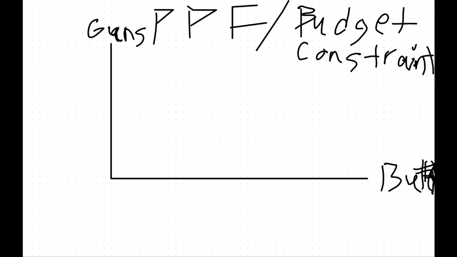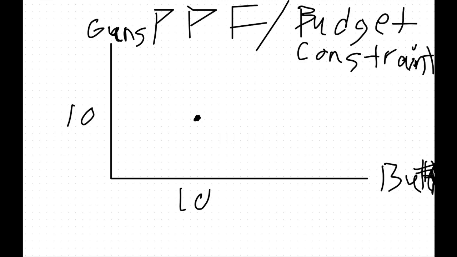So there's not necessarily a way to just maximize output so much as we are imagining a certain set of points. Let's say that maybe you can have 10 pounds of butter and 10 guns. That's one possible point, because that's one way you could use the economy to produce a certain amount of goods.